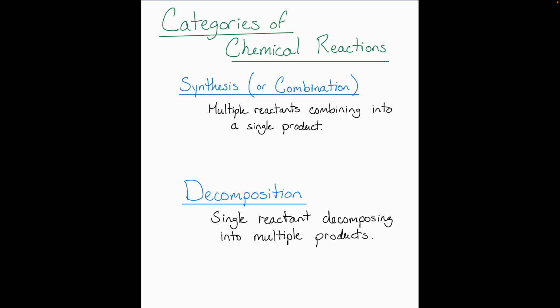All right, so I want you to look back at those previous two chemical equations that we wrote from the description of the reaction. And I want you to categorize it according to whether it's a synthesis or decomposition reaction.